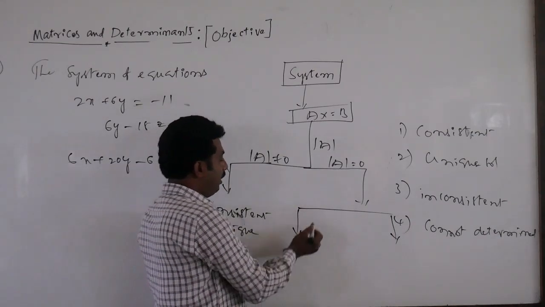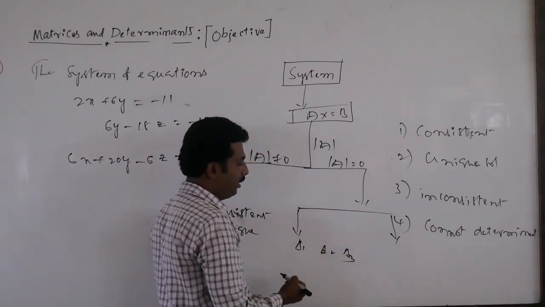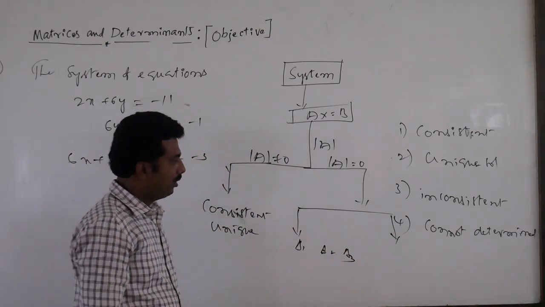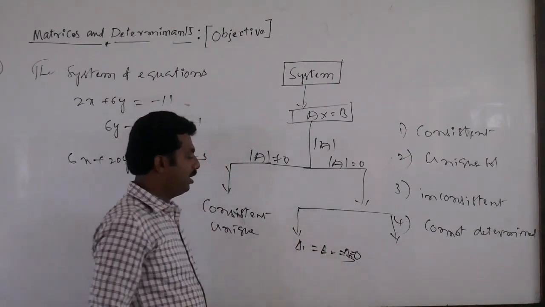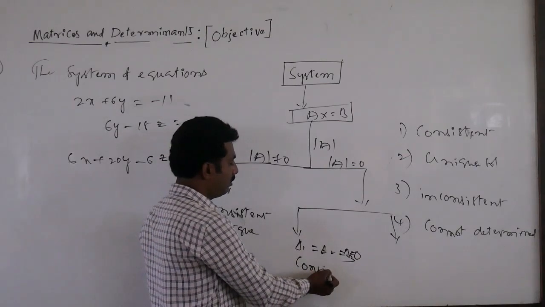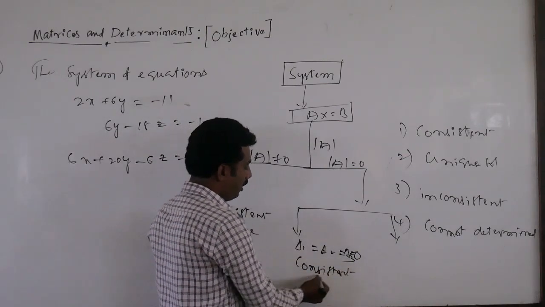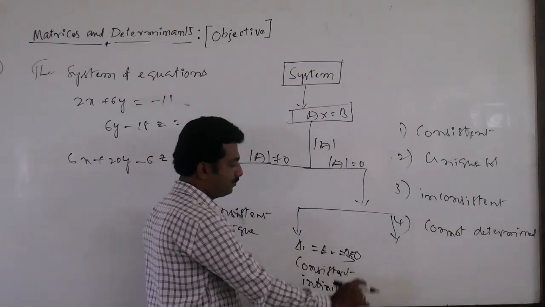Means delta 1, delta 2, delta 3 we have to calculate. Suppose all three deltas are equal to 0, means the system is consistent. It has infinite solutions.